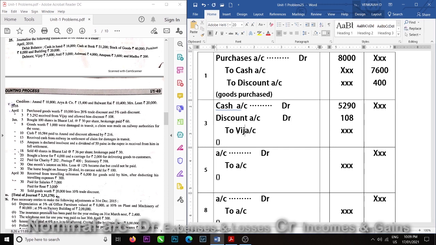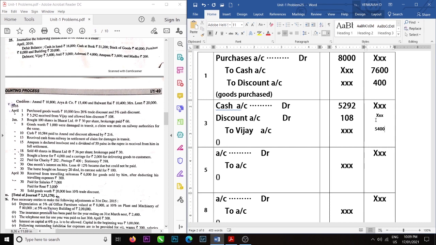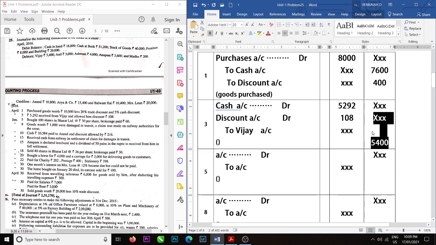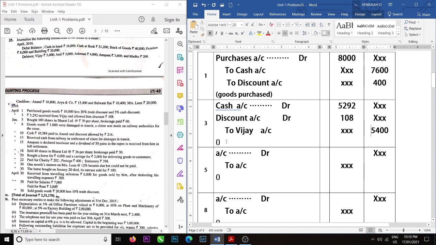Vijay is giver. 5,292, plus 108, so 5,400. 5,400 cash received from Vijay. After discount also you can write.